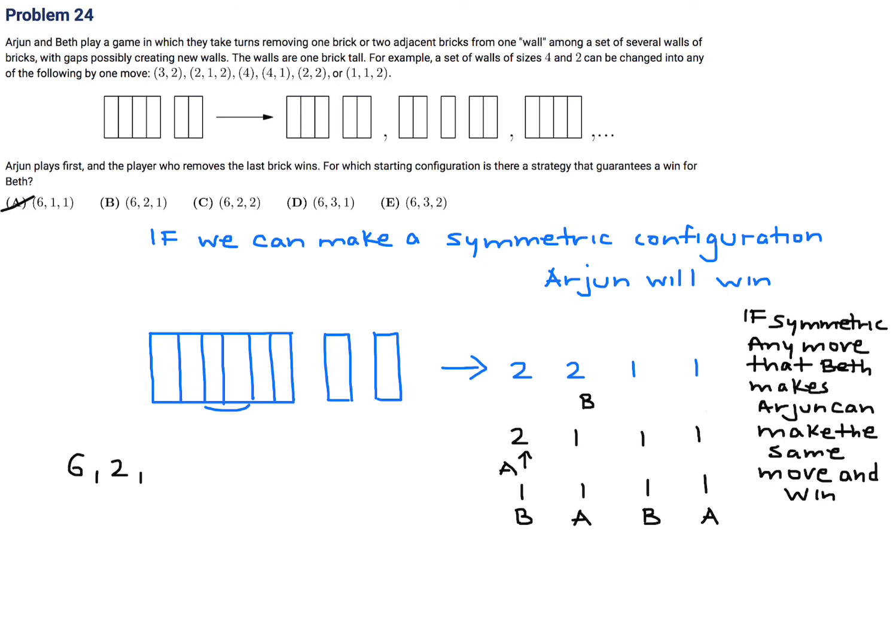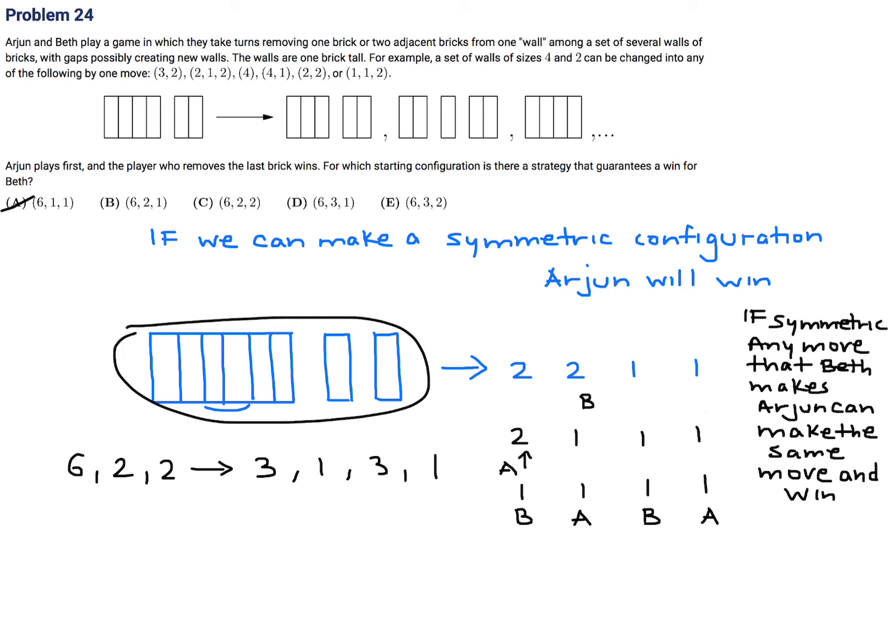Well, 621, I will leave that last. Let's do 622, because 621 is the right answer, by the way. But I've got to explain the other ones. 622 can be made into 3131. How? Let's just use this diagram.